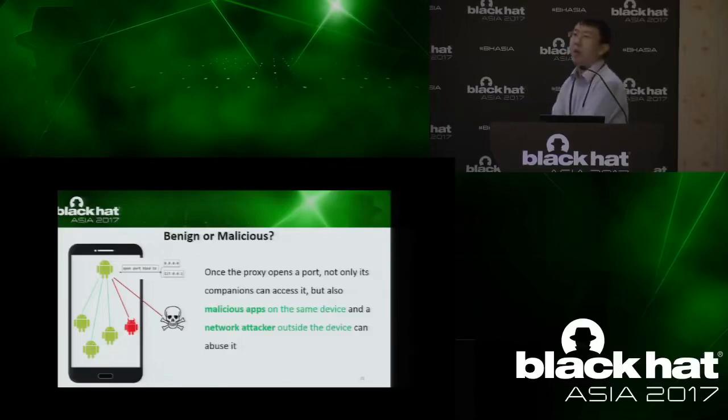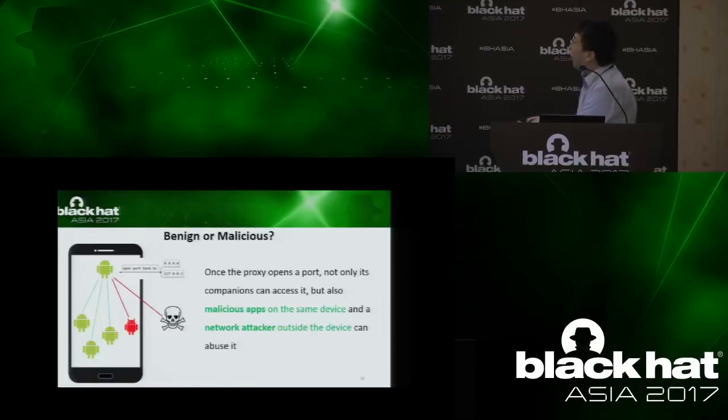So what will happen if we get such a WormHole vulnerability? Basically, this is a proxy, and it often opens ports on 0.0.0.0 and 127.0.0.1. Basically, it's the same device. If it opens such a port, an application on the same device can connect to it and invoke it. Okay?